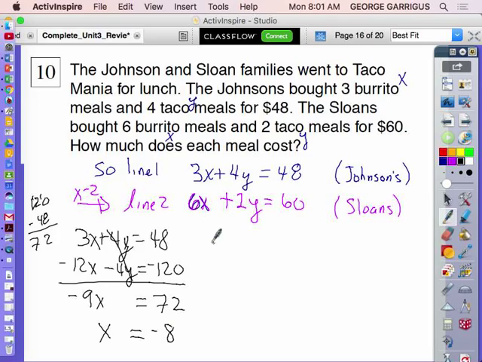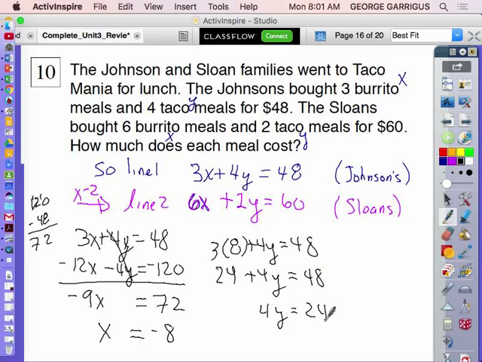So if x is 8, we have 3 times 8 plus 4y equals 48. 24 plus 4y equals 48. And subtracting 24, 4y equals 24 and y equals 6. So $8 per meal for the burrito meals and $6 for the other meal. We're going to pause the video at this stage.